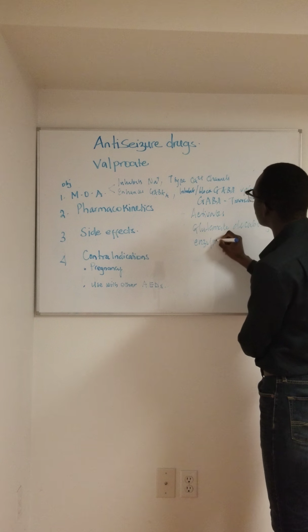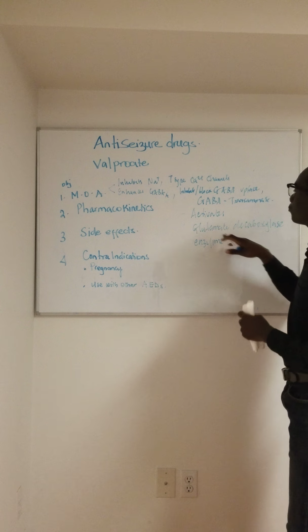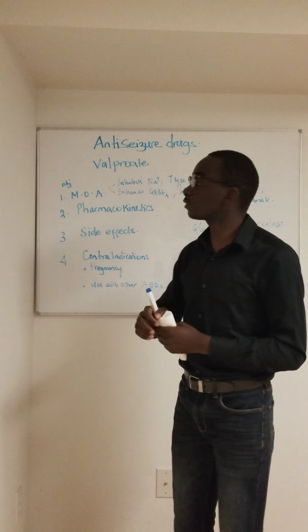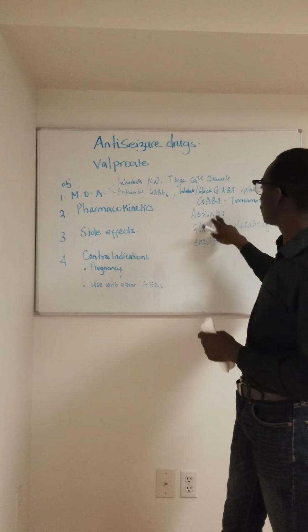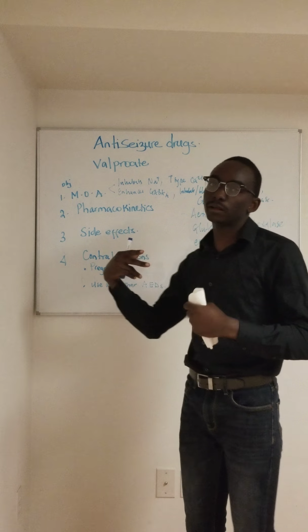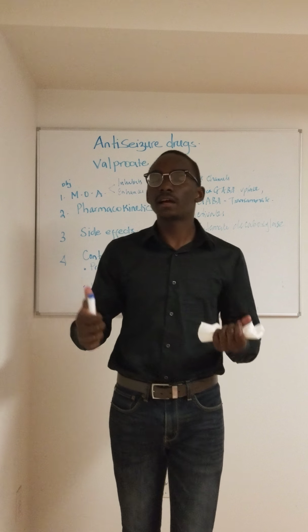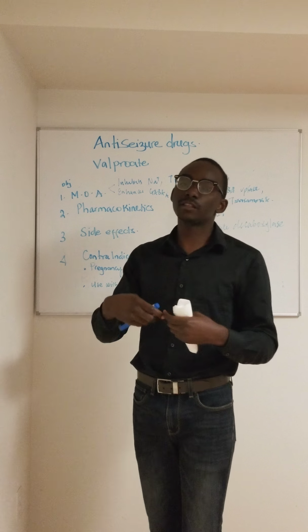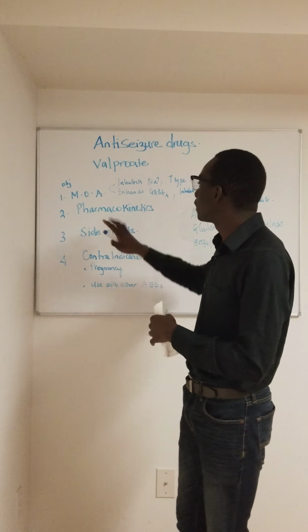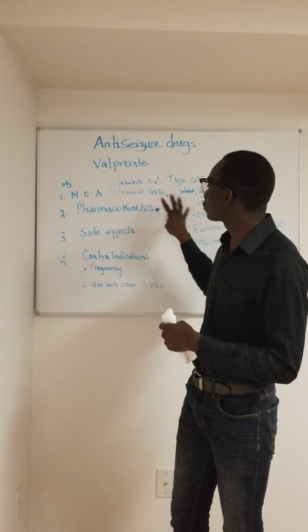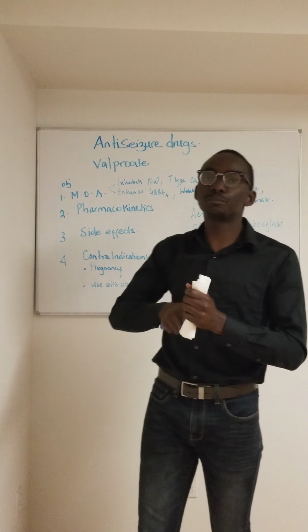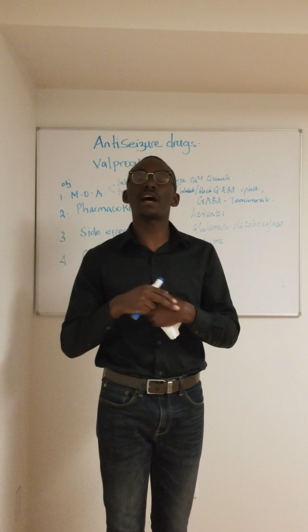This enzyme is important in the breaking down of glutamate. So this drug will enhance its activity, hence inhibiting the activities seen with glutamate, because it's an excitatory neurotransmitter which excites the postsynaptic neuron. So with this number of mechanisms of action, this drug is able to arrest all the seizure activities seen in the brain.